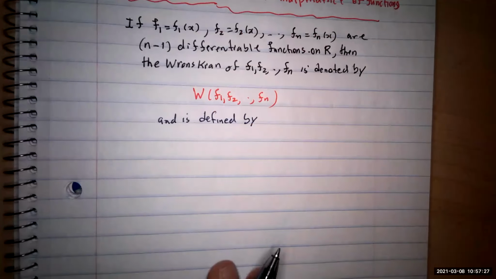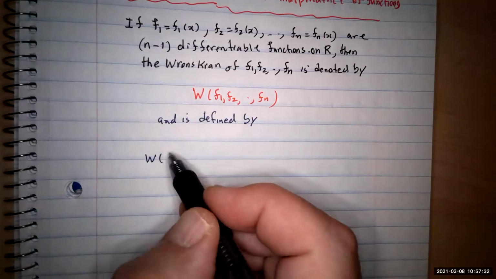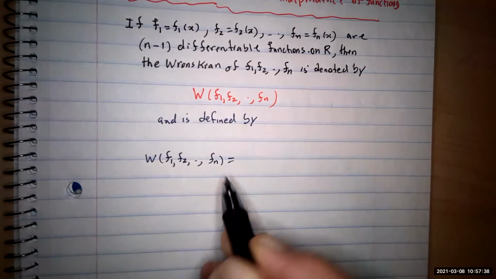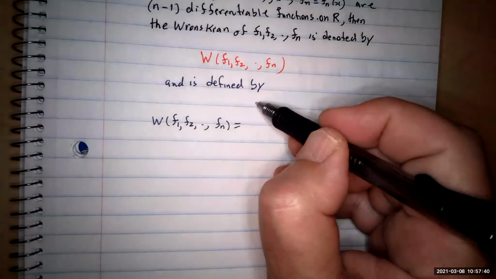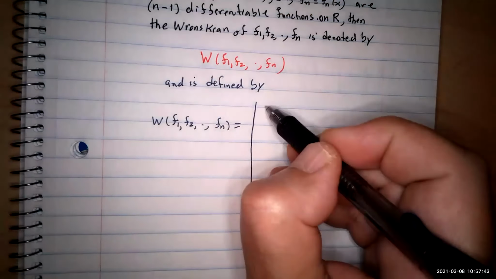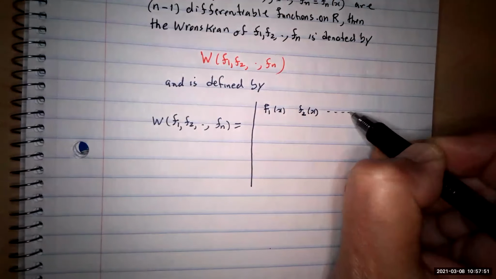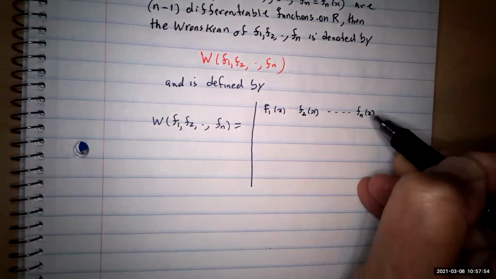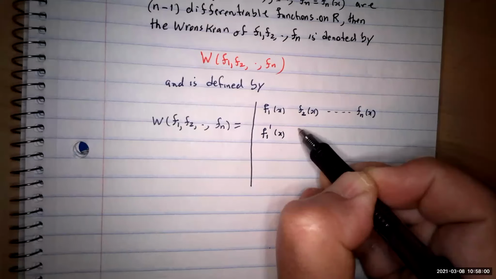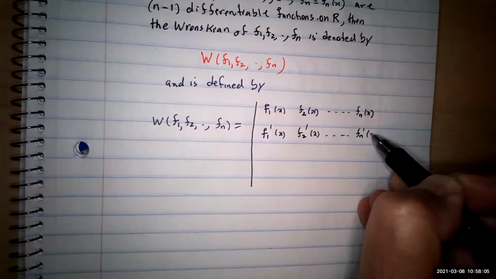the Wronskian would be defined by a matrix. It's going to be the determinant of this matrix. The first row is just the functions: f1 of x, f2 of x, up to fn of x, depending how far you are going to go. The second row is their derivatives: f1 prime of x, f2 prime, up to fn prime of x.